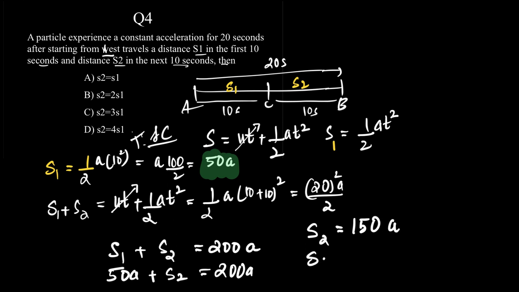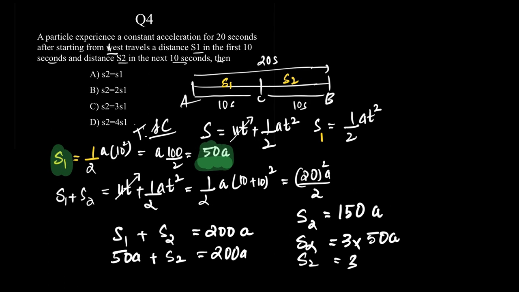Now let us express 150a in terms of 50a. This can be written as 3 into 50a. Again, 50a is nothing but s1, which means s2 can be written as 3 into s1, which makes the correct answer option C.